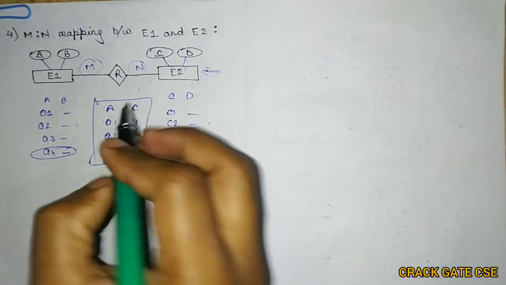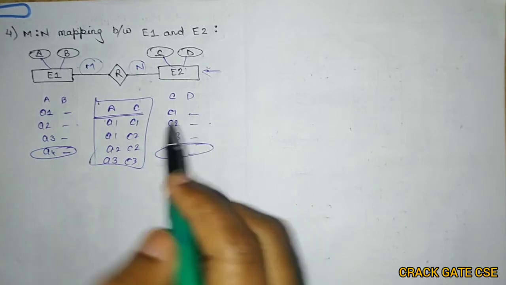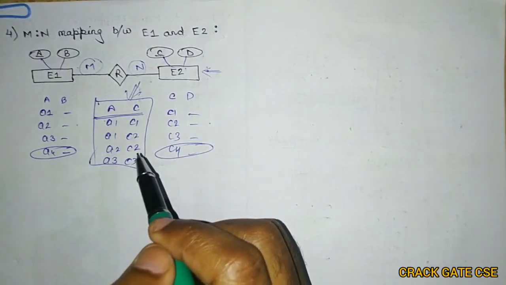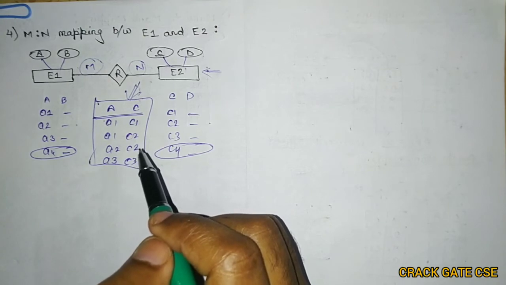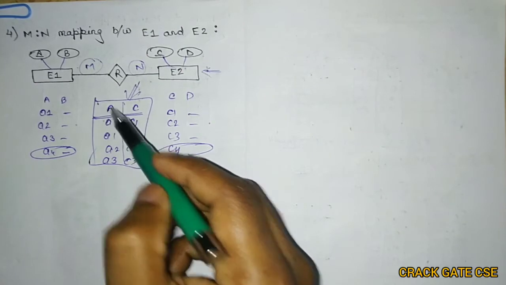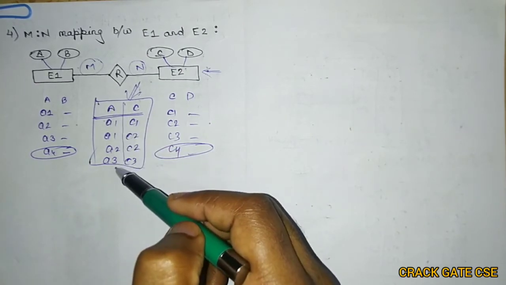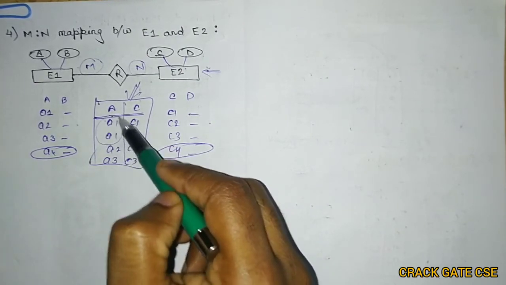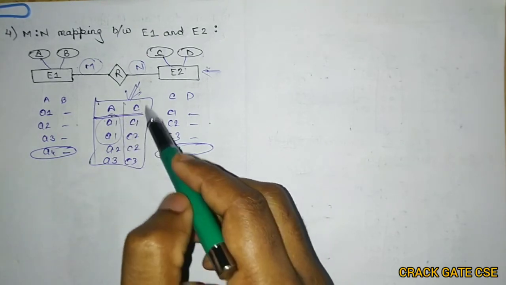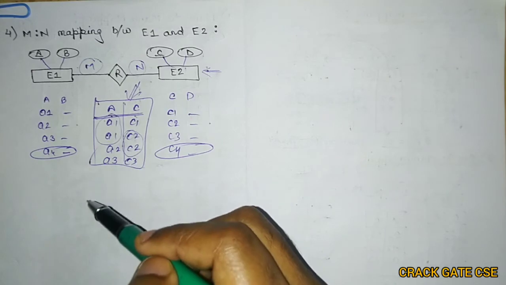Now here you have to observe one important thing, that in this particular table, whether we are able to find out a key. Yes, we can find out a key, but A is not able to uniquely identify the record because A is having the duplicate values or the multiple values of a single field. Similarly, C is having C2 multiple times.